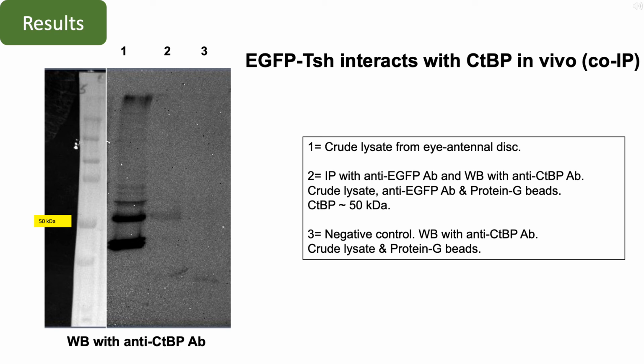And then in the second one, we can see that this is the collection of the co-immunoprecipitation, the protein G beads, and the antibody. So the antibody used in the co-immunoprecipitation was an anti-EGFP, and we use that one in the co-immunoprecipitation, but the anti-CtBP antibody in the Western blot.